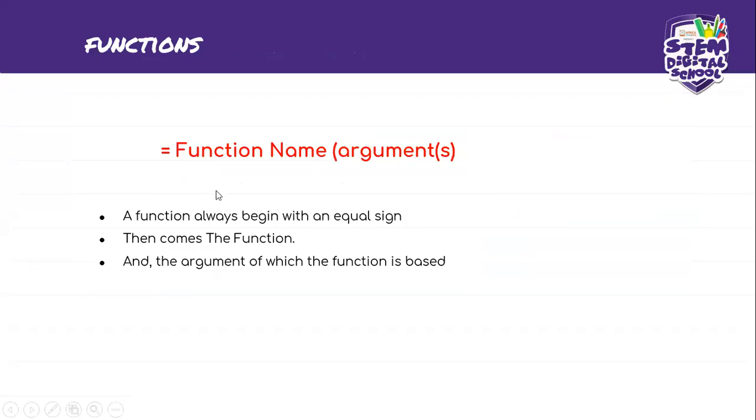It starts with an equal sign, then comes the function. So if you are doing your calculations, you start with the equal sign, then the function. Okay, so the equal sign, the function name, and then you insert the argument, or you select the argument. What do I mean by that?